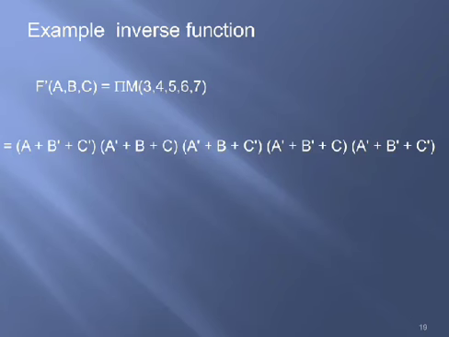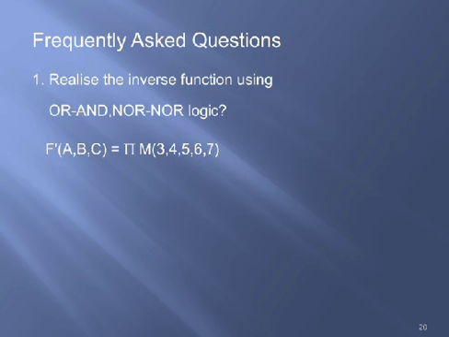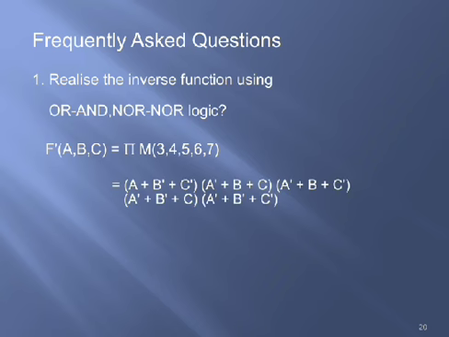So this is the expression of the inverse function corresponding to the given function. You can observe the frequently asked question: realize the inverse function using AND or NOR logic, and f dash of A comma B comma C is equal to product of max terms 3, 4, 5, 6, 7.